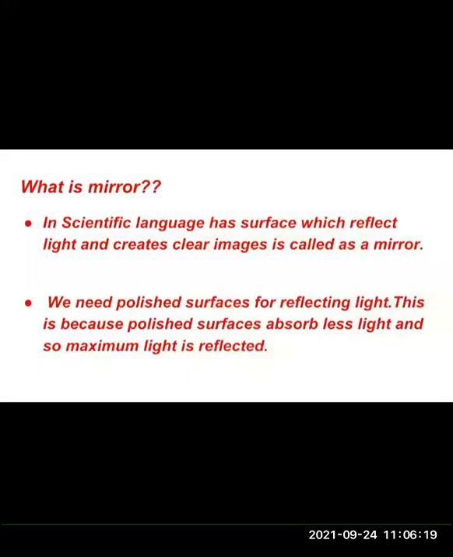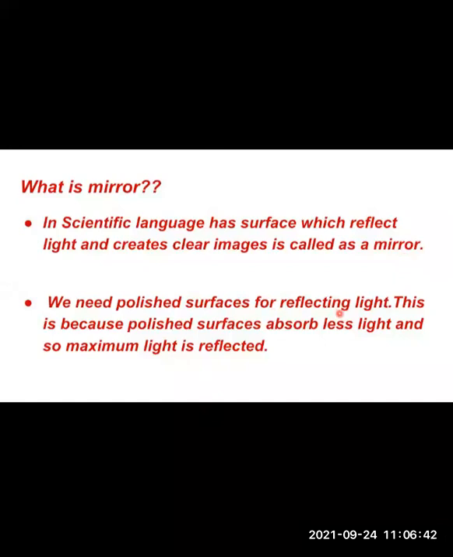So what is a mirror? In scientific language, a surface which reflects light and creates a clear image is called a mirror. We need a polished surface for reflecting light.